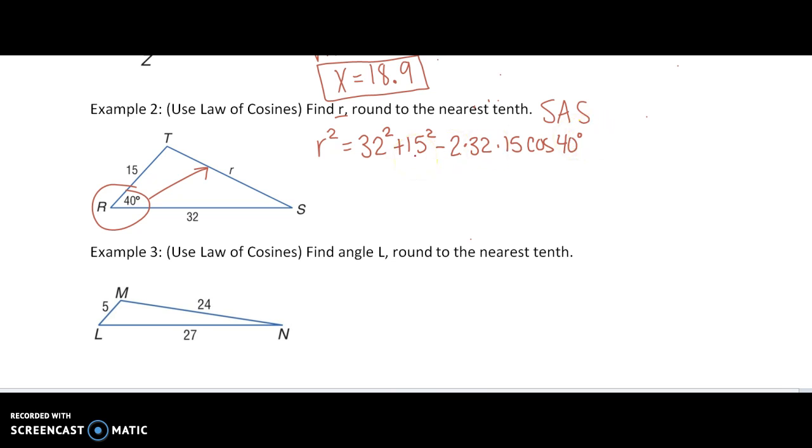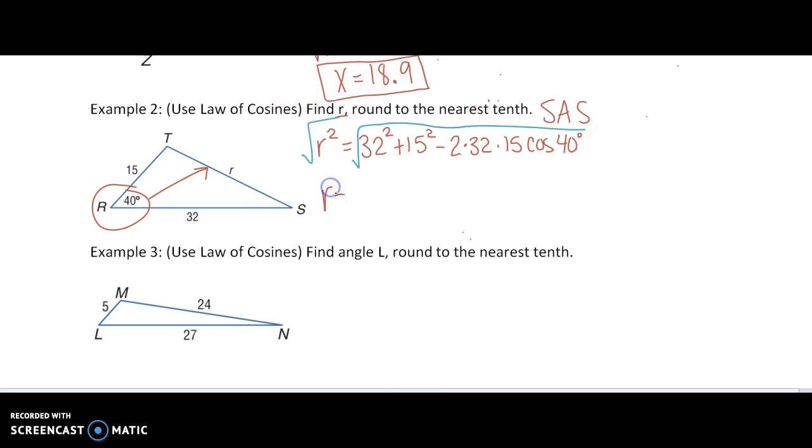Again, I notice my variable is r squared. I just want to know what r is, so to undo that square, I take the square root of both sides. So I see this action happening.